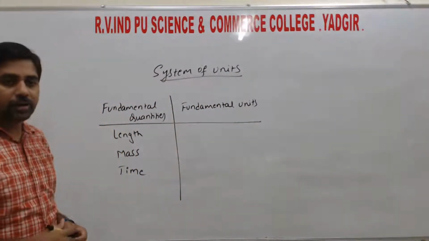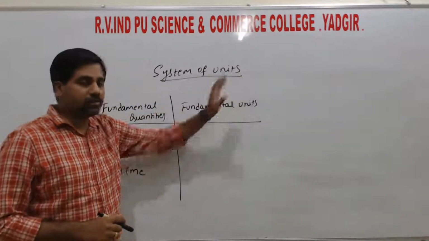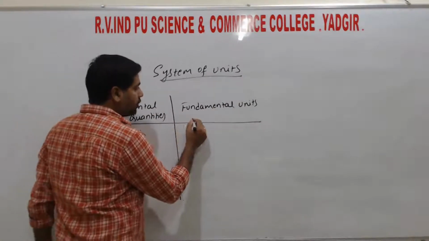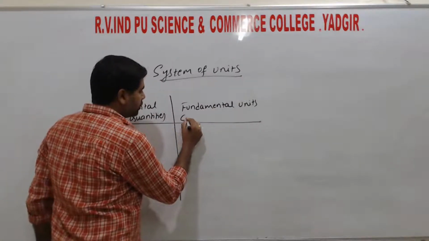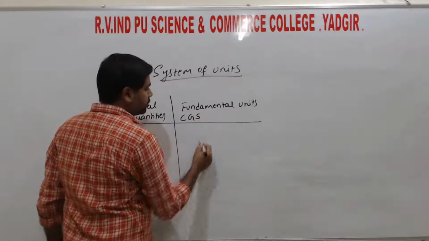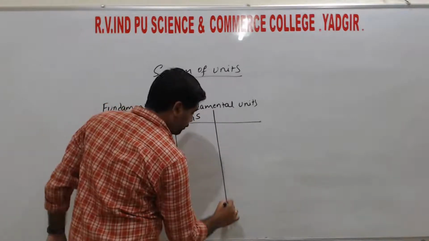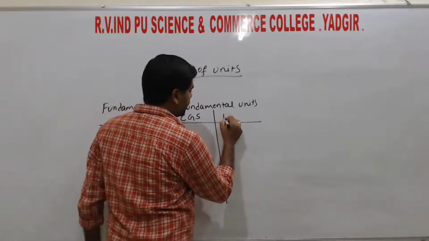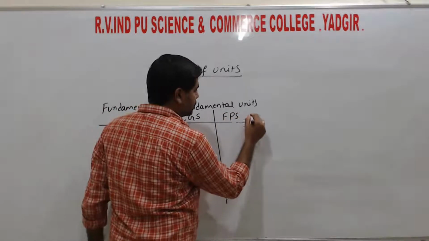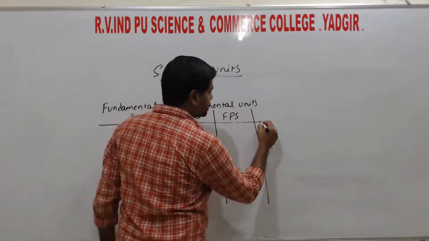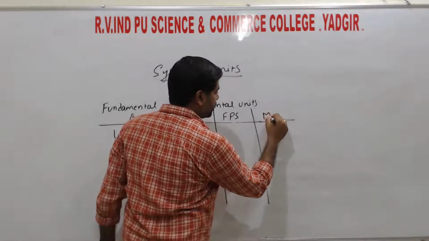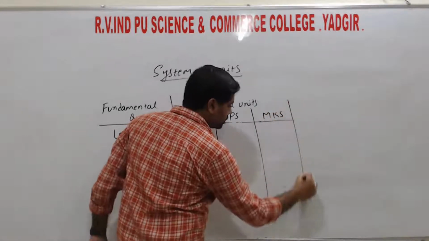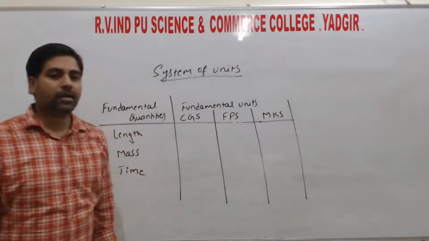In these fundamental units, we have three systems. First, in case of the CGS system, and next the FPS system, and last the MKS system, right?